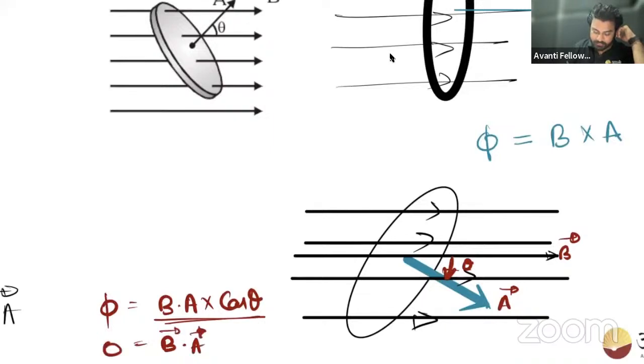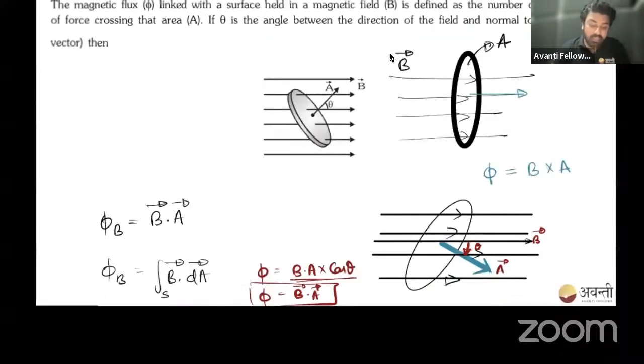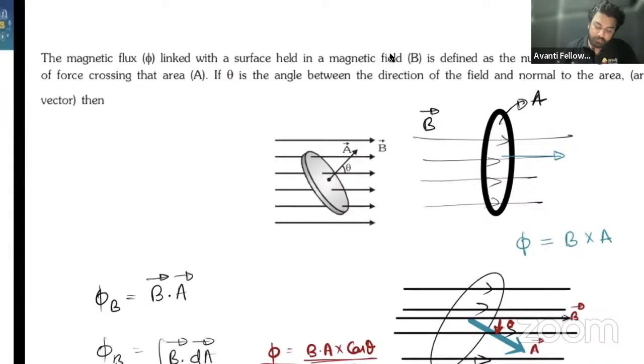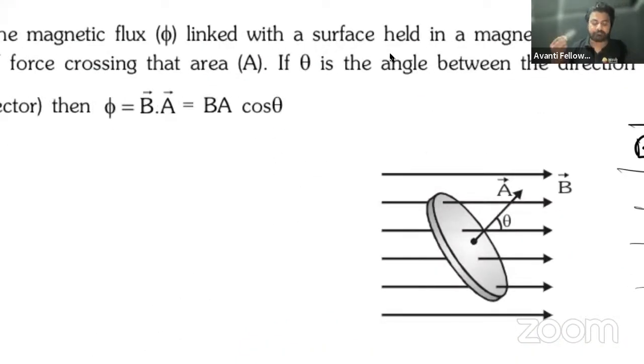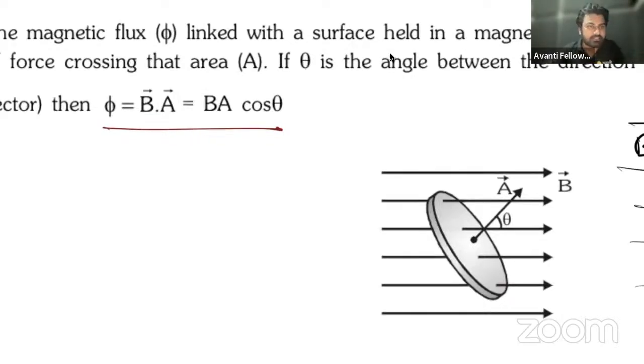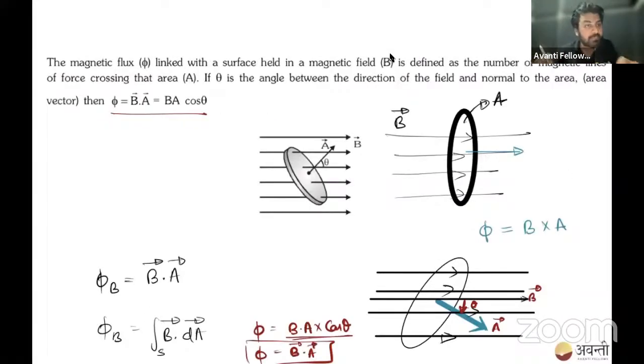This is also flux. Now I hope you can understand the formula which was written here. The same is written here. So what is flux? Magnetic field multiplied by area vector, their dot product. Clear? So this is clear.